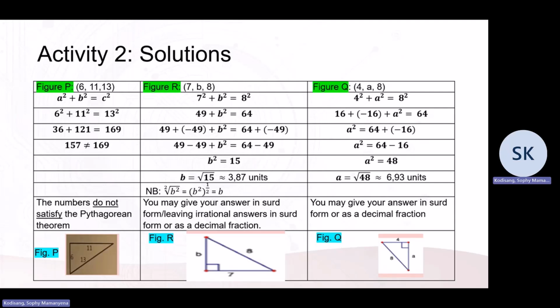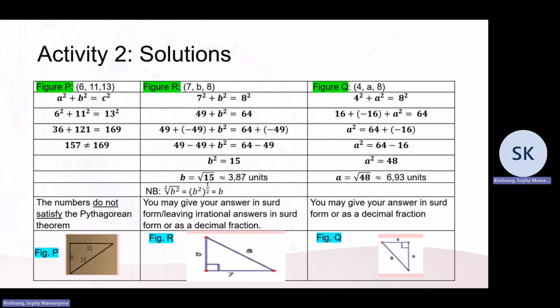Figure P, we are given the 3 numbers. So we need to check whether these numbers satisfy the Pythagorean theorem. Right, we substitute a by 6, b by 11, and then c by 13.